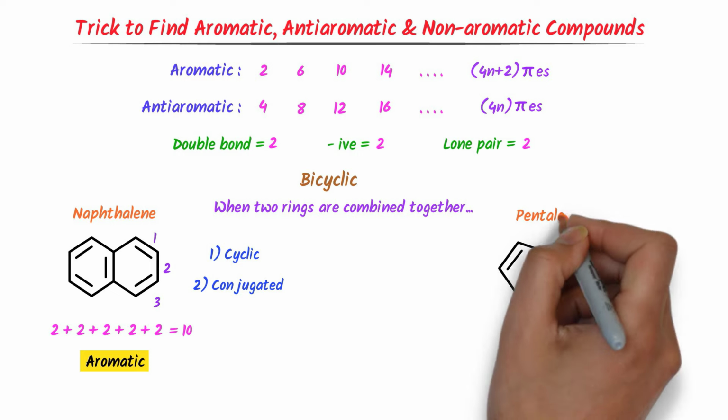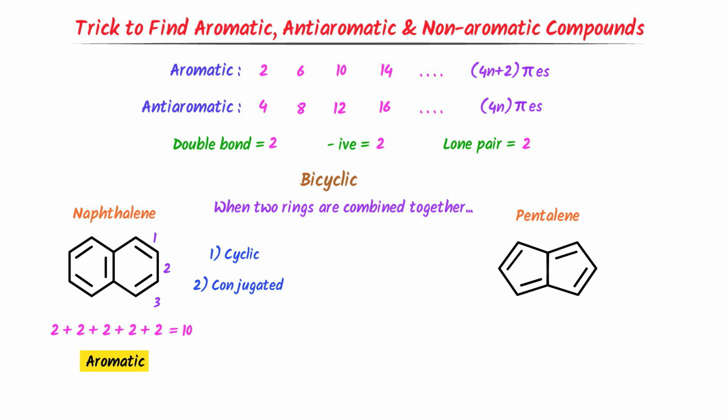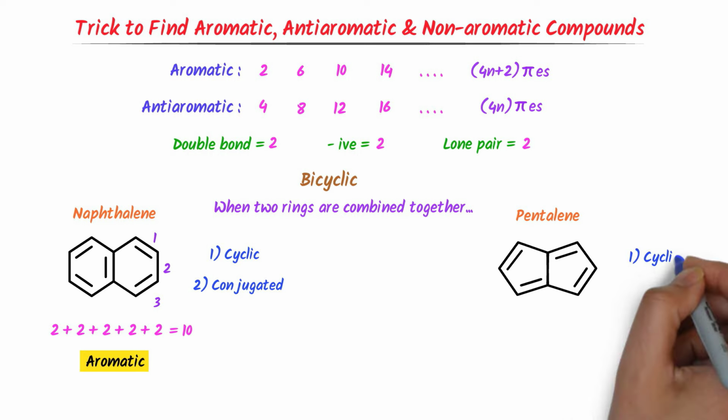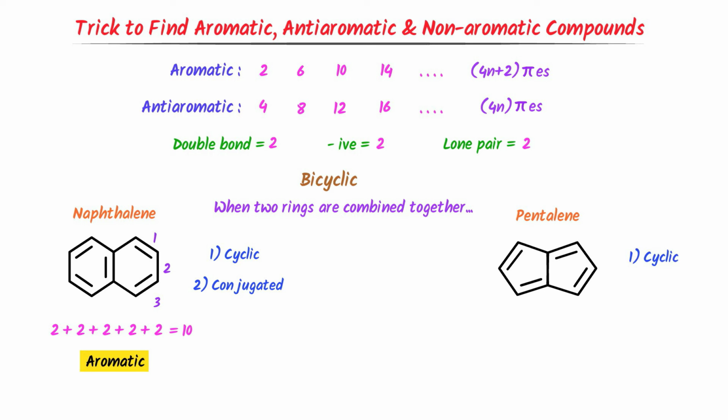Secondly, consider pentalene. It is a bicyclic organic compound because two rings are fused together or joined together. This is a cyclic organic compound and it is a conjugated organic compound because it contains alternate single and double bonds. Now inside these two rings, there are 4 double bonds.